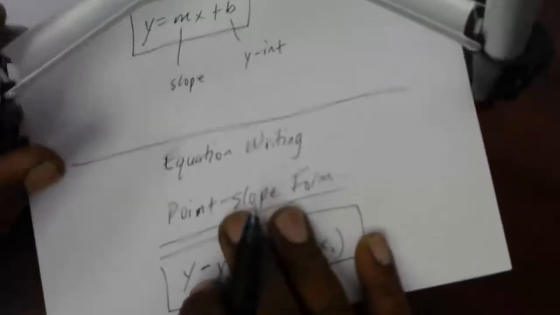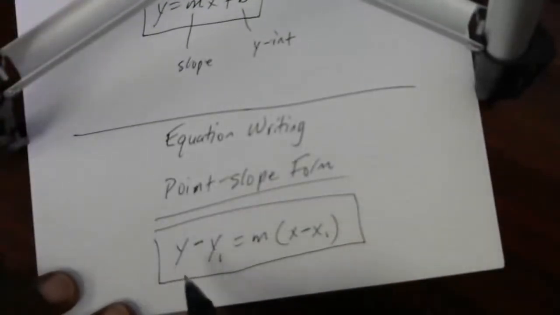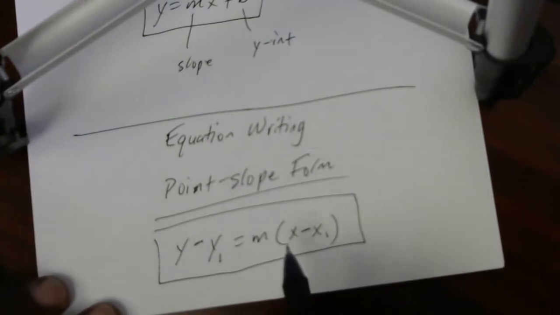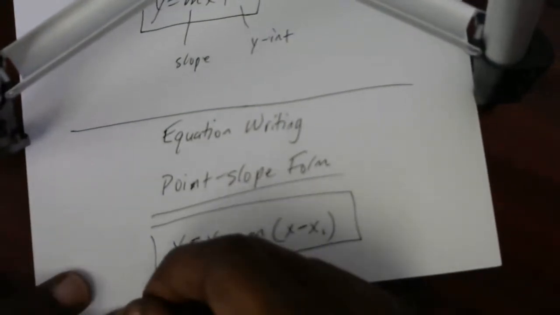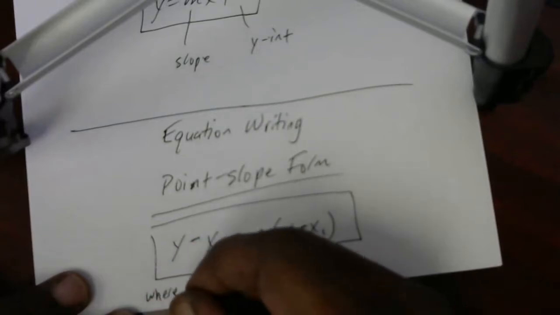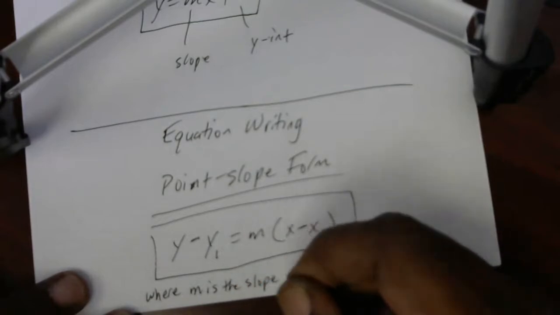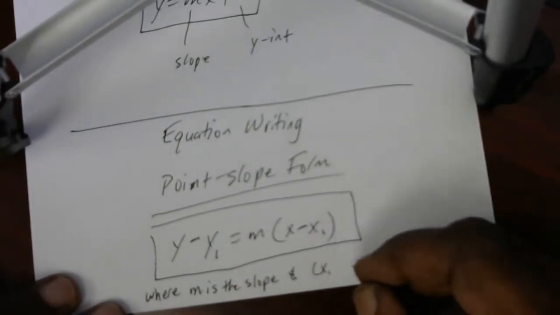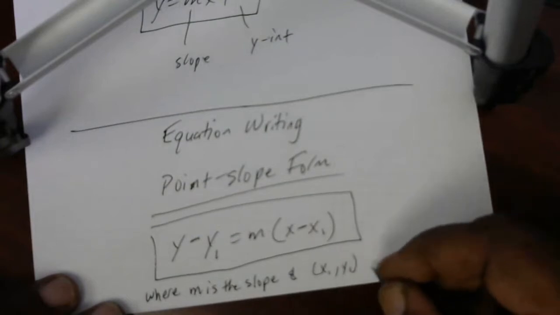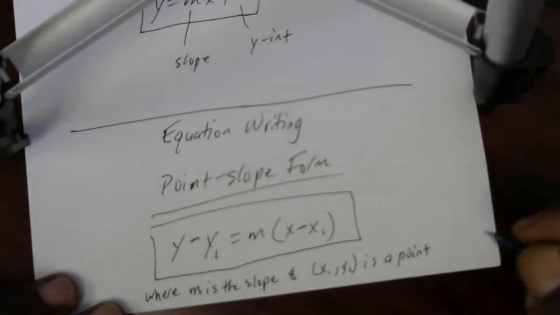Okay, so in this formula, y minus y sub 1 is equal to m times the quantity x minus x sub 1. m is the slope, and x sub 1 comma y sub 1 is a point on the line.